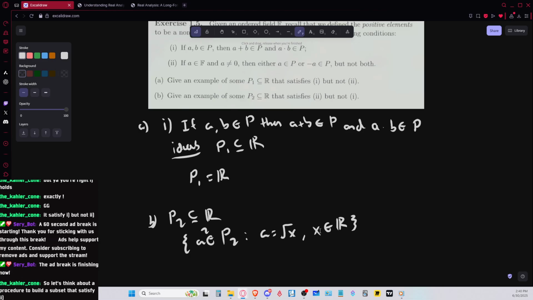So let's think about the procedure to build a subset that satisfies 2. Yeah, that's what I'm thinking about doing.